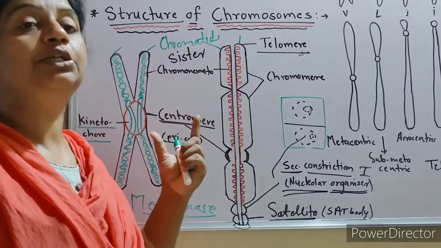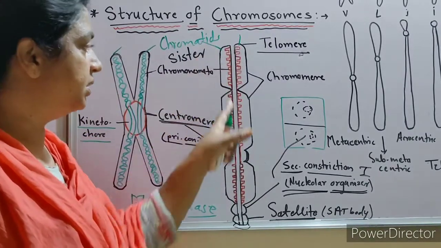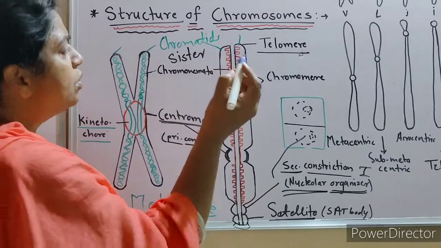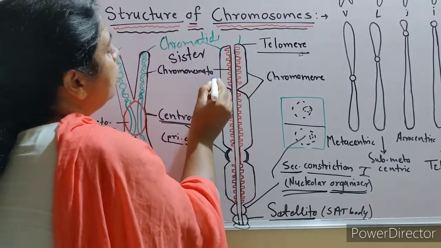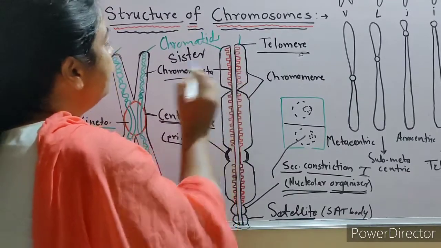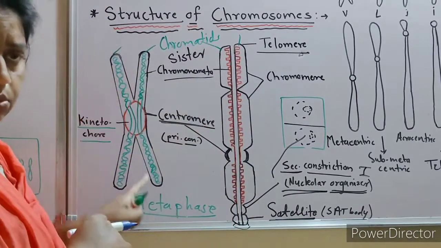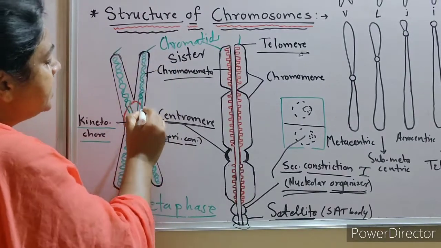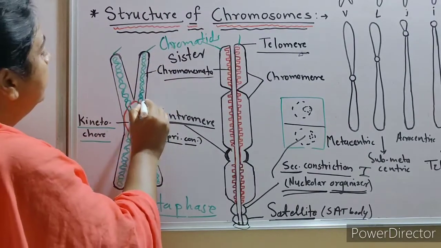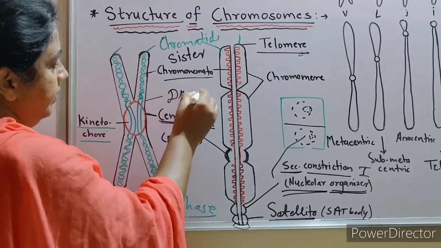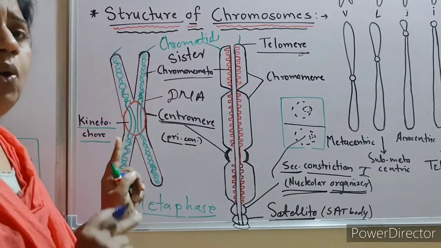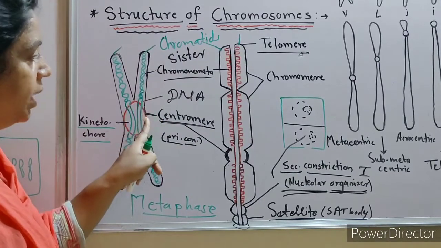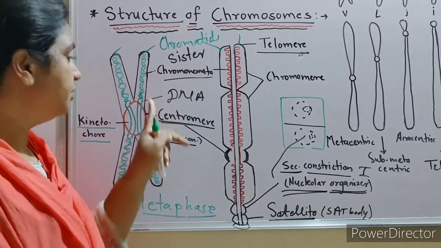Here these two sister chromatids, or this chromosome, have chromatids, and these chromatids have chromonemata. What is chromonemata? These chromatids have elongated cylindrical DNA. It is highly coiled, cylindrical, long, thread-like.